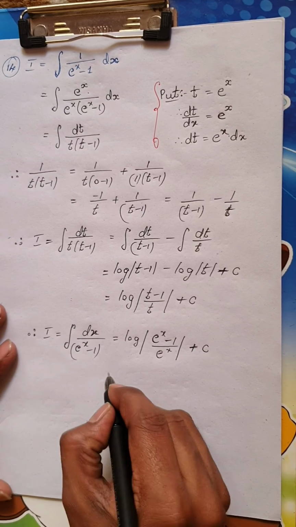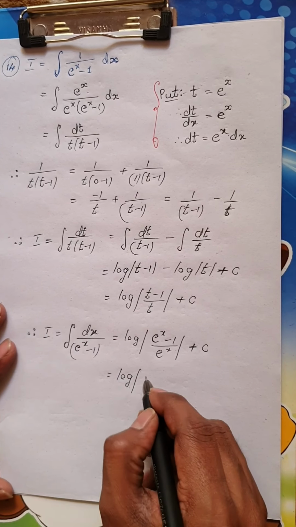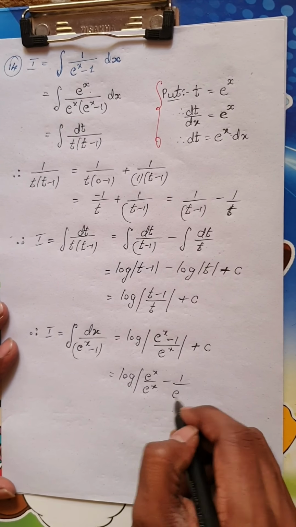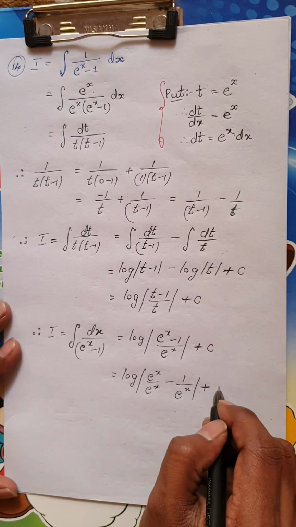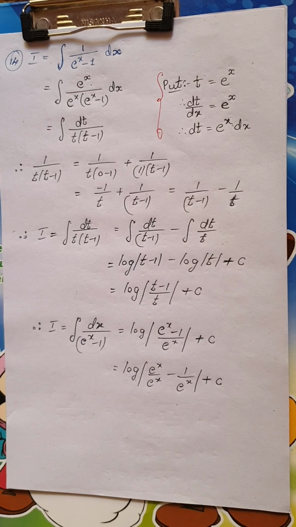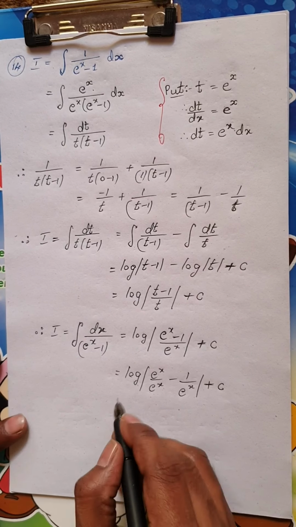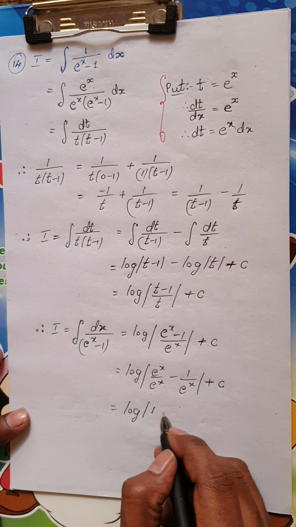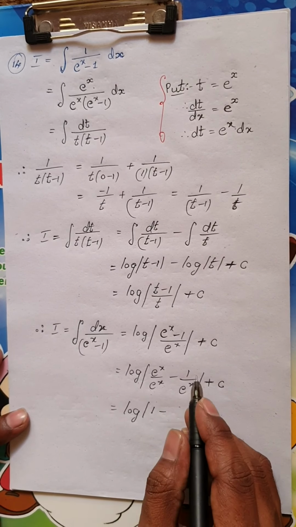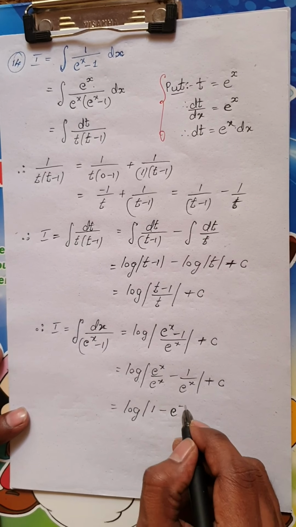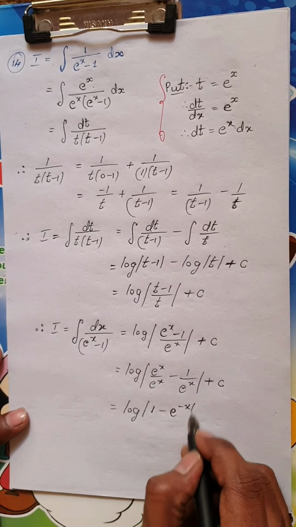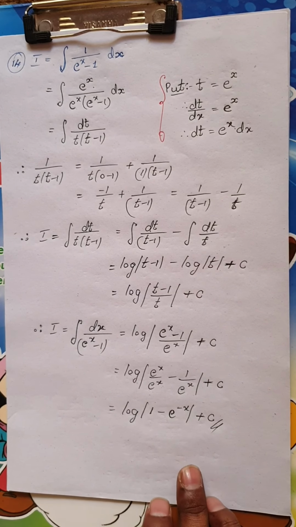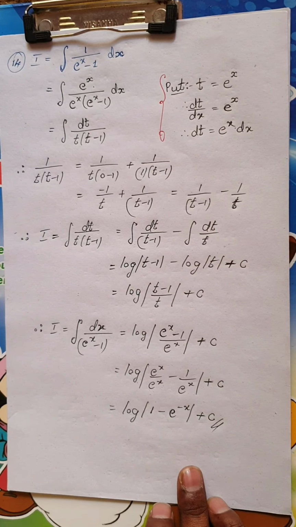So if you further divide this as we did in the previous case, it is e power of x divided by e power of x minus 1 divided by e power of x plus c. Final answer would be log of mod, remember e power x and e power x get cancelled, 1 minus 1 by e power of x, as we all know, can be written as e power of minus x plus c, which would be the final answer for the above given integral.